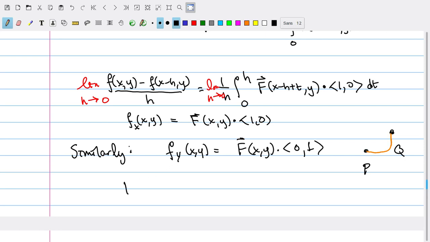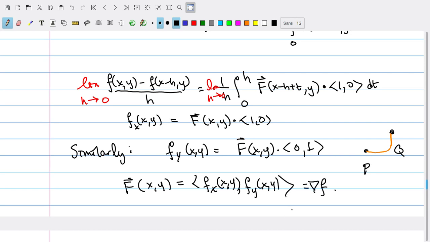So if we put all this together, I get that the vector field has x component given by f sub x and y component given by f sub y, which is just the gradient of little f. In particular, it's conservative.